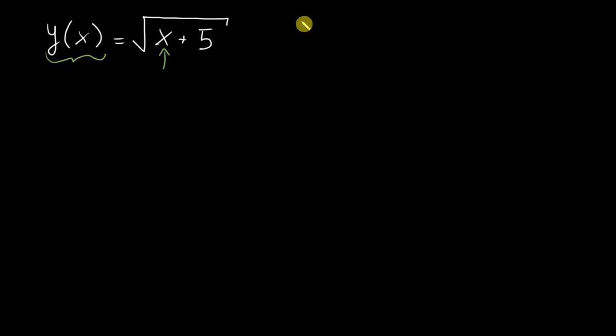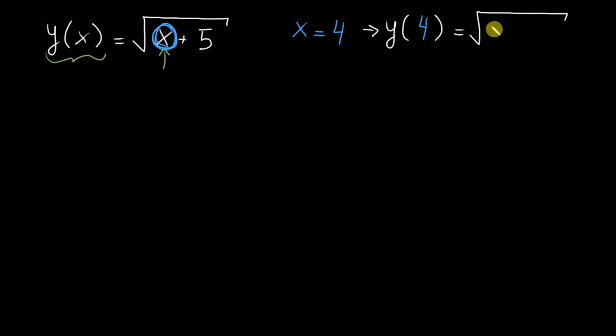Let's plug in x equals 4, so that it's reasonable. So I write y, the bracket, the number 4 goes inside, we write the square root, x from here becomes the number 4, plus 5, and 4 plus 5 is 9, and that is a nice 3. So at this point, the value is 3.